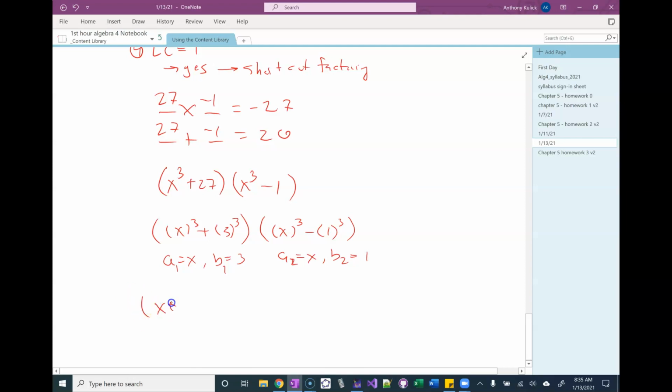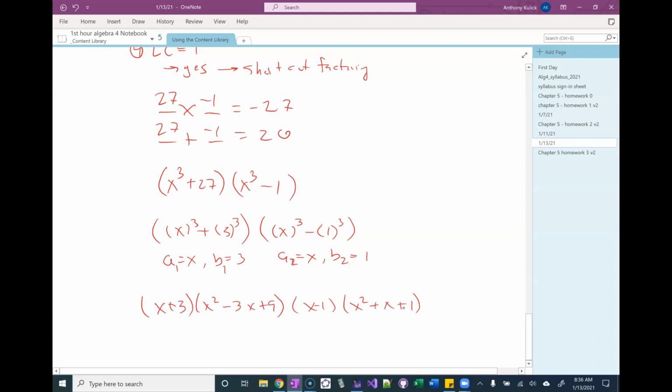So that's going to give me x plus 3 times x squared minus 3x plus 9 for the first factor. And then x minus 1 times x squared plus x plus 1 for the second factor.